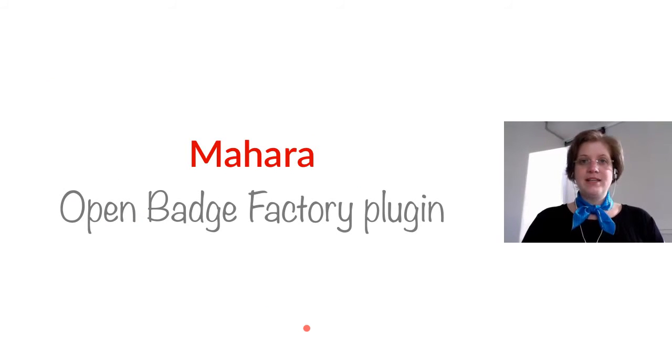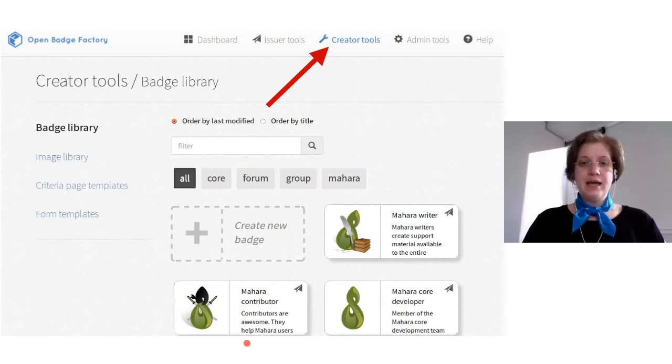Now, the second plugin is the Open Badge Factory plugin, also developed by Eric Roussel. And what you can do there is a first attempt to actually also issue badges in Mahara. In order to do that, you first need to set up an account with Open Badge Factory. And right now the Open Badge Factory is in beta, so there's still a lot of development work to do, but you can already trial things there.